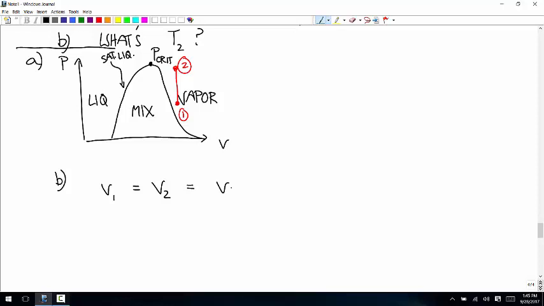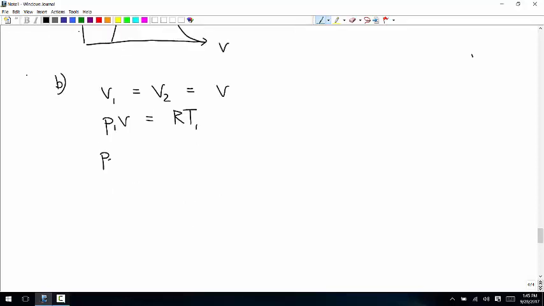Let's call that V. And we know that pressure 1 times that volume is equal to R times the temperature at that initial state. And we know that at state 2, P2 times that volume is equal to R times the temperature that we want.